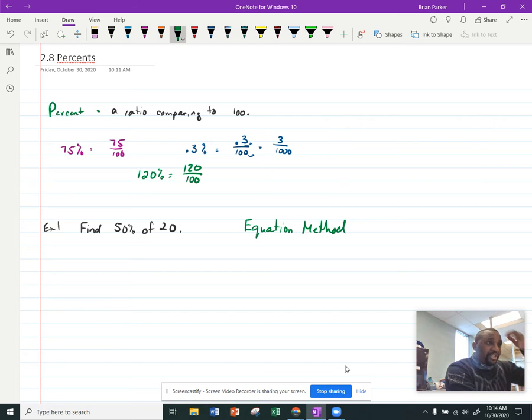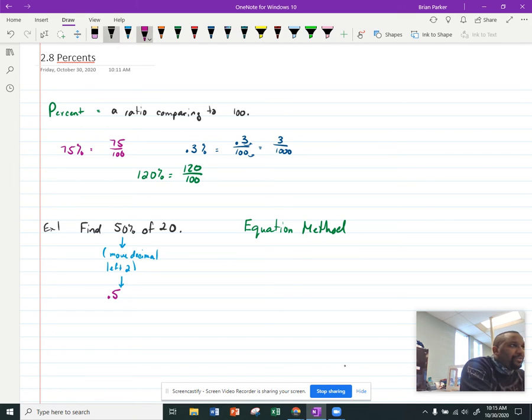All that means is you're going to translate everything into an equation. Percentages always change to decimals. Move the decimal left 2 places every single time. So if we're talking 50%, then we're going to use 0.5 instead.